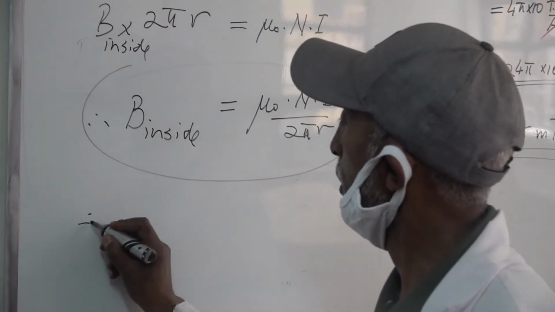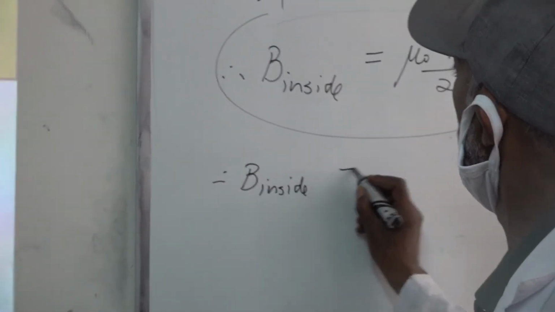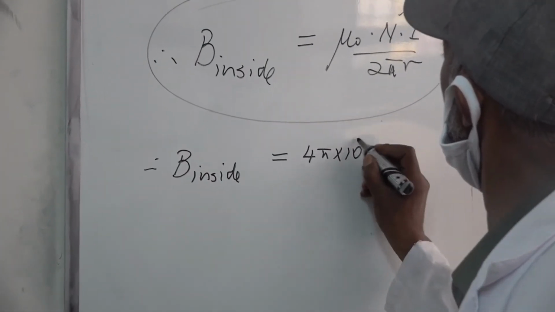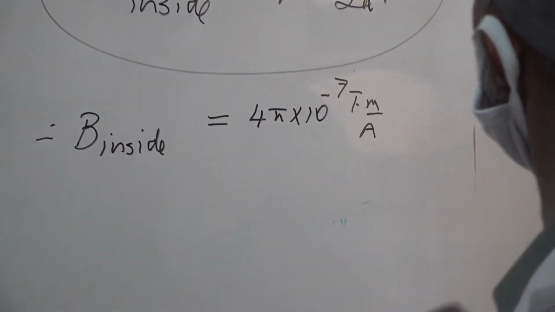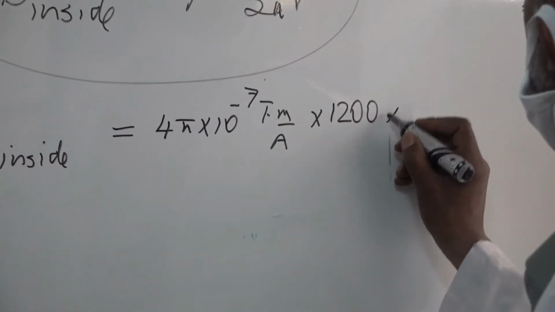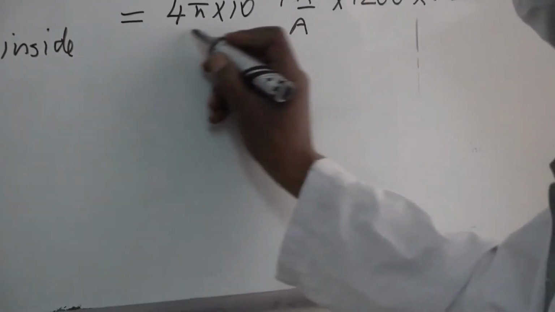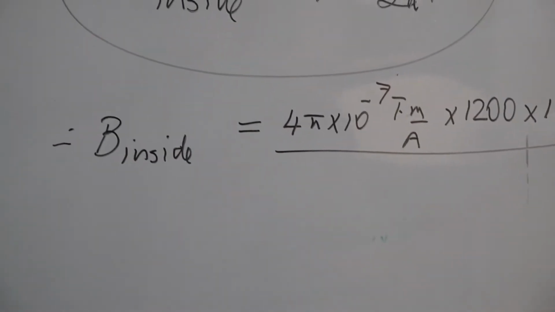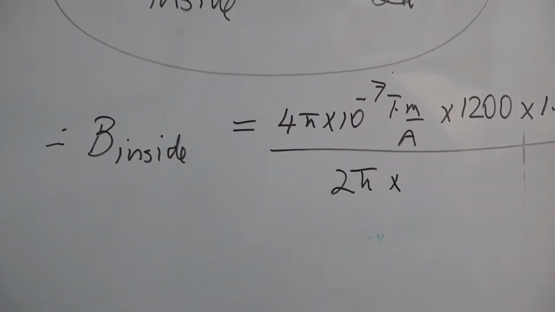So if we were going to apply this, mu0 is 4 pi times 10 to the power of minus 7 tesla meter per ampere, and this one is 1,200 turns, and the current is 1.2 amperes, divided by 2 pi times the radius.